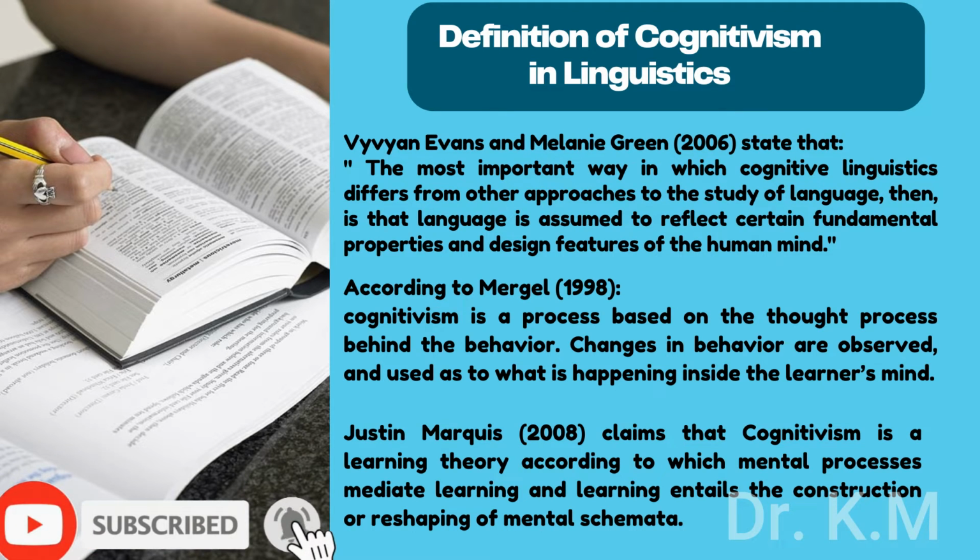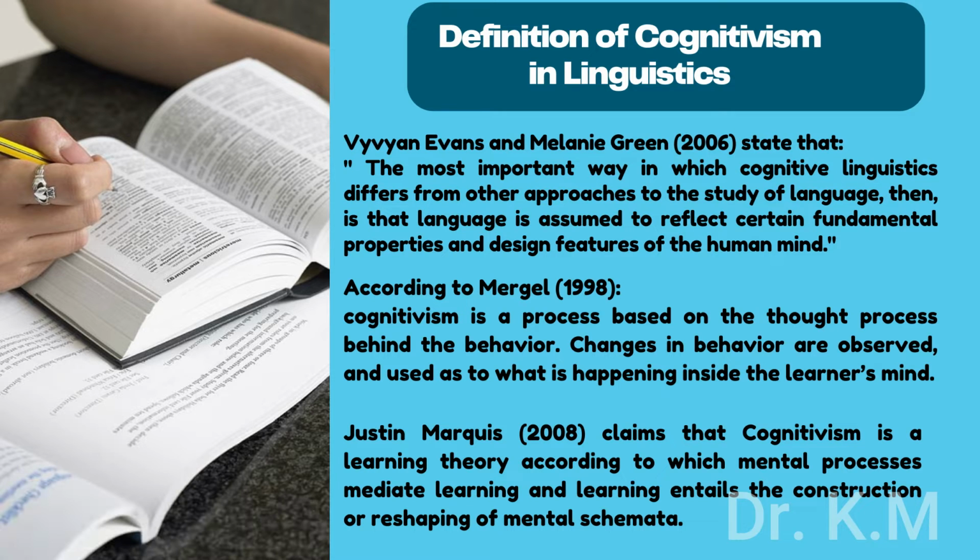Changes in behavior are observed and used as indicators of what is happening inside the learner's mind. Hebb, 2003: cognitive theories emphasize conscious thought. Justin Marquis, 2008, claims that cognitivism is a learning theory according to which mental processes mediate learning and learning entails the construction or reshaping of mental schemata.